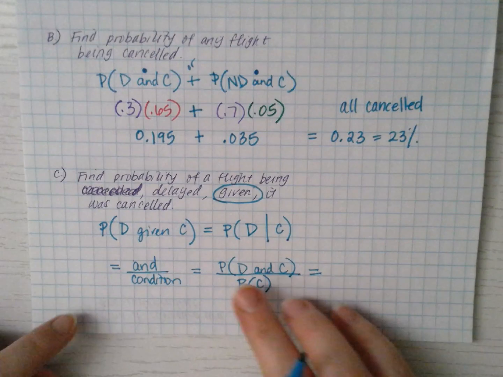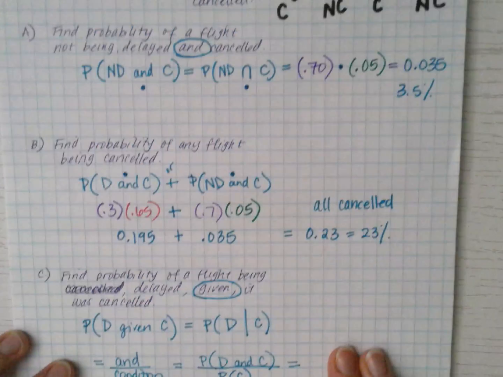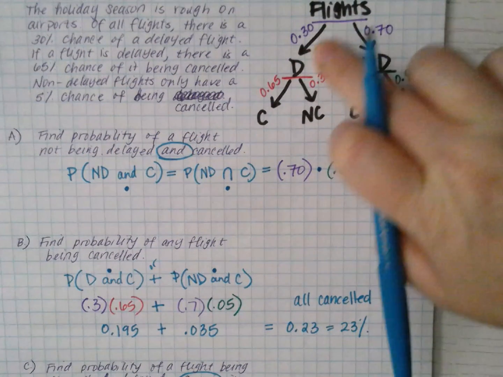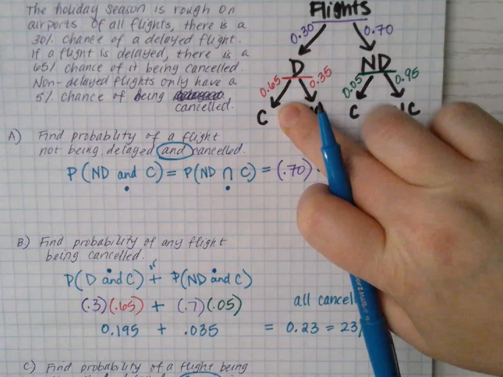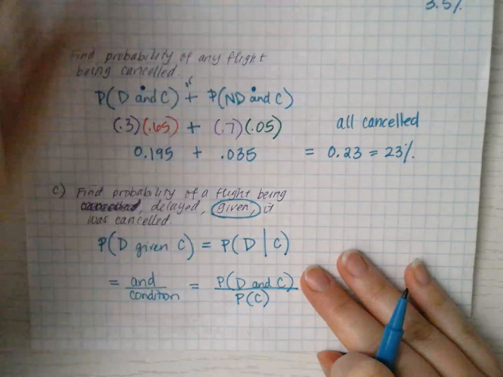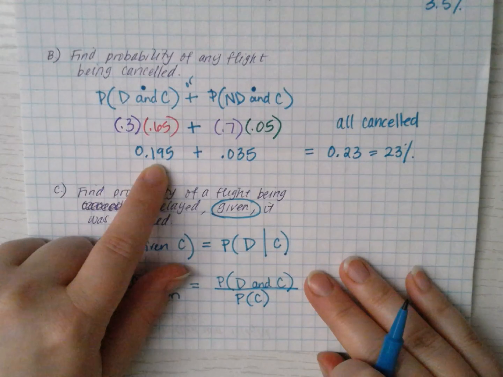Well, the great thing about these 2 items, both the numerator and the denominator, is we've found those numbers before. So the probability of being delayed and canceled is looking at this and going delayed and canceled. 0.3 times 0.65. Well, we've done that already here. 0.3 times 0.65, and we got 0.195.